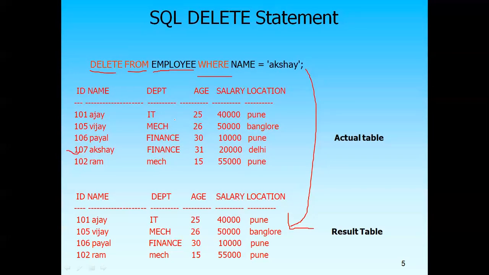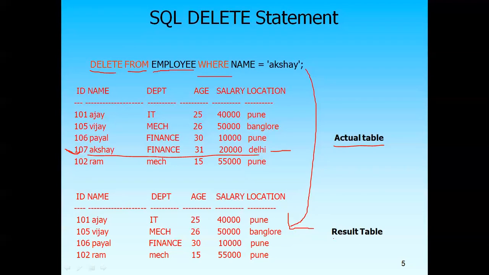If there are multiple records that have the name Akshay, then all the records will be removed from the table, right? Now, if you observe here, this is my actual table before the delete operation. So there is one record that is Akshay, right? This is one record where the name field is Akshay. So after executing this statement, this record will be deleted from the table, right?